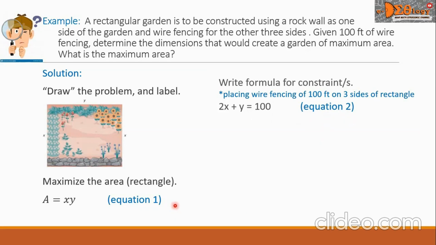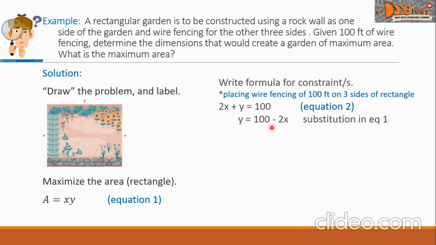Going back to equation 1, we can see that there are two variables on the right side. Our goal now is to make this formula of area in terms of one variable. So what we're going to do is to manipulate equation 2 such that it becomes y equals 100 minus 2x. We isolated the y.